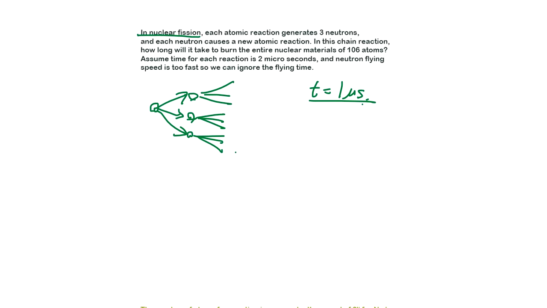Every 2 microseconds, it's multiplied by 3. So 3 to the power t over 2 is the number of reactions after t microseconds. So 3 times 3 times 3, that many times. So this is the total number n.